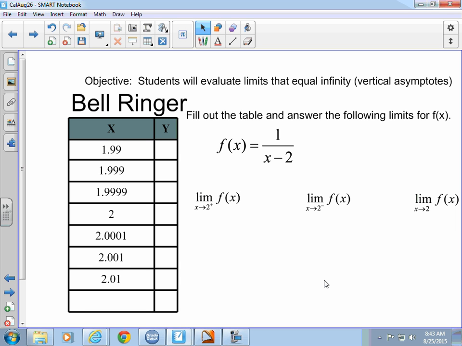So the next thing we're going to look at is what happens at a vertical asymptote. We looked at horizontal asymptotes, so now the question is what happens at a vertical asymptote. Does anyone remember from Algebra 2 or Pre-Cal how you find vertical asymptotes?